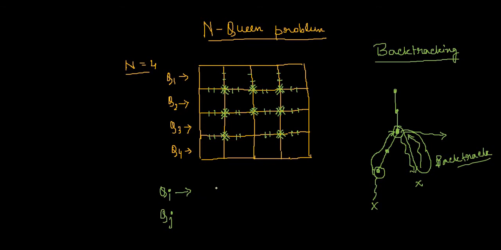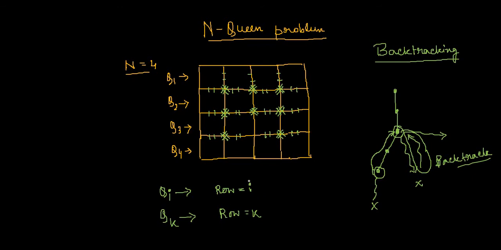Naturally, queen I has to be placed in the row equal to I. This queen, sorry, not J, suppose K. Queen K, not queen J. So its row will be equal to K.